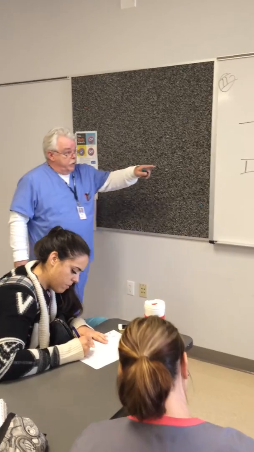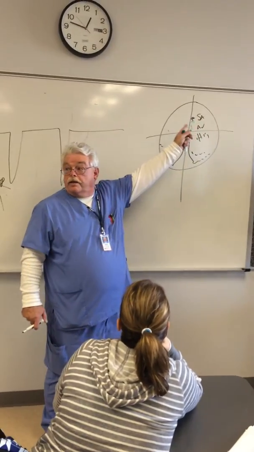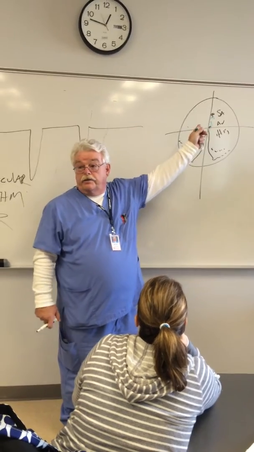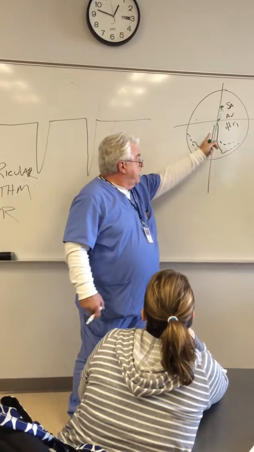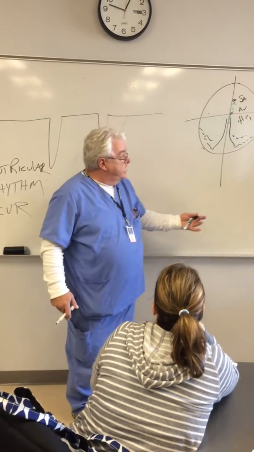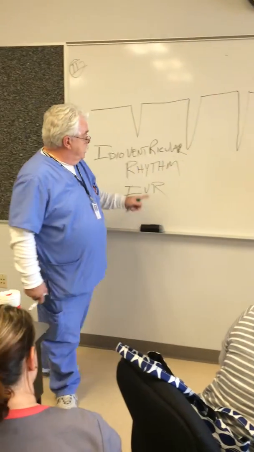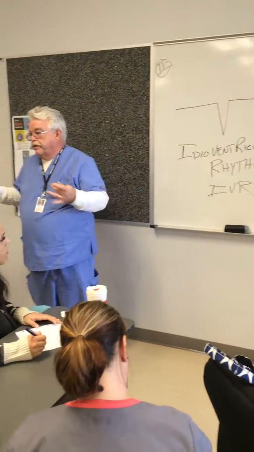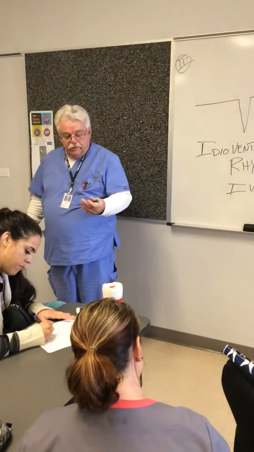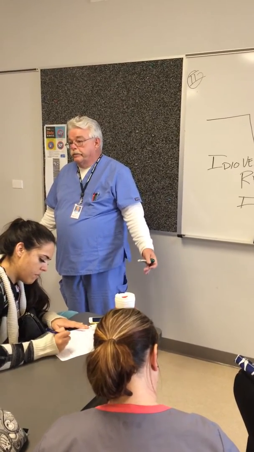The impulse to beat is arising from the ventricles. The SA node's asleep, so you're not going to have any atrial activity. The AV node's asleep, so you're not going to have any junctional activity. The only thing you have left in your heart before you croak out is the ventricles. Idiopathic means they can't find a reason for it. Idioventricular means science doesn't really know why this happens, but it happens all the time.